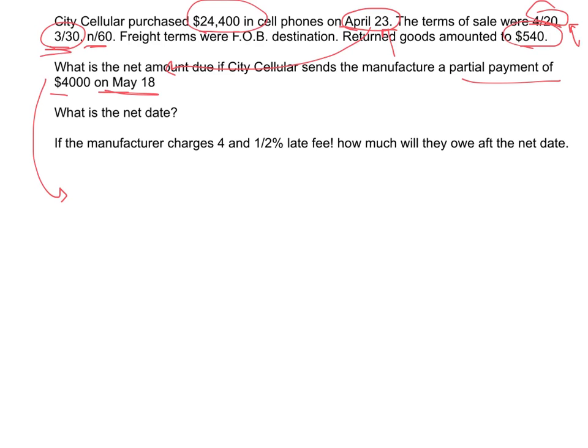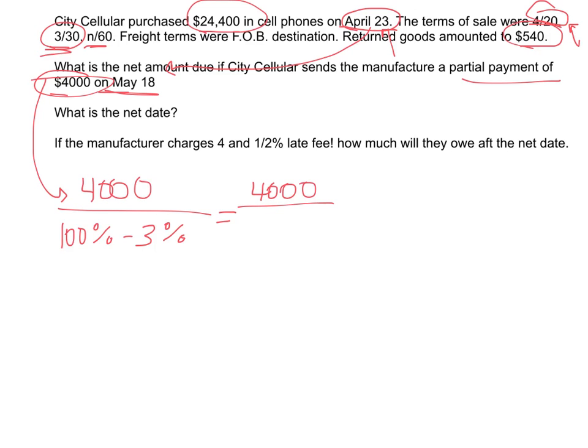What I want to do is this: what they paid in the partial payment, I take that $4,000 and divide it by the complement, which is 100% minus the percentage off, which was 3%. So 4,000 divided by 97%.